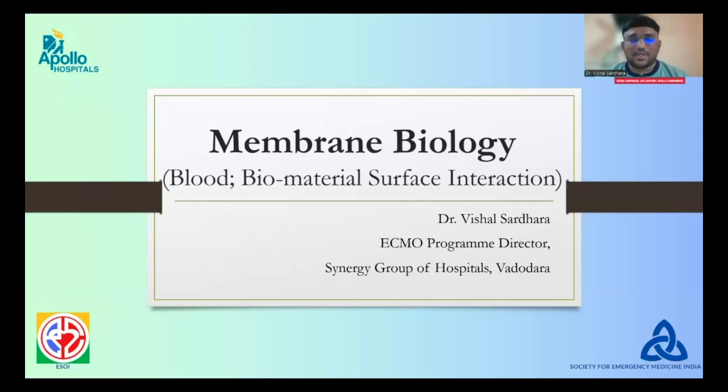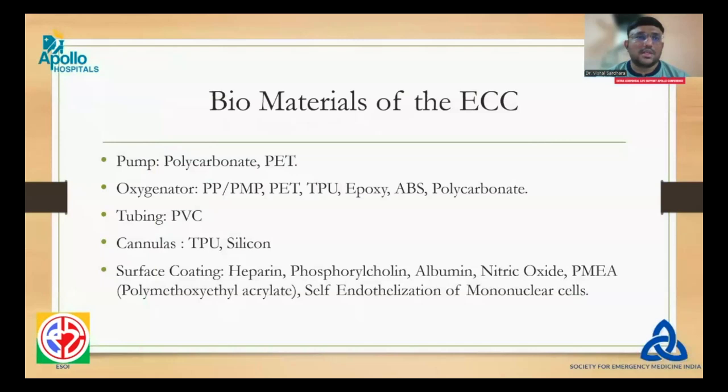So right from the cannula, which is the drainage cannula, to the blood tubing, to the centrifugal pump, to the oxygenator, and again to the tubing and the returning cannula, there are various materials which are being used to manufacture the devices. The pump, which is a centrifugal pump, contains mostly polycarbonate and PET material.